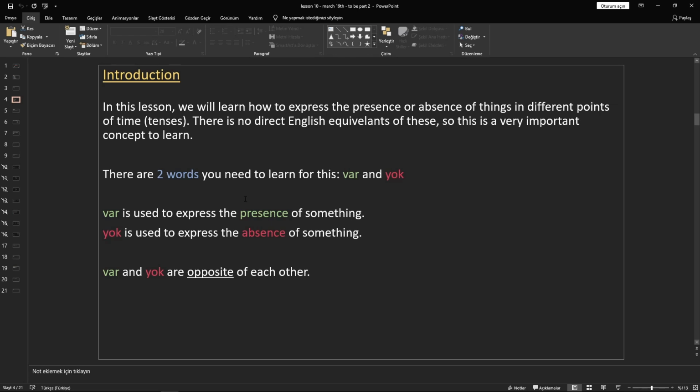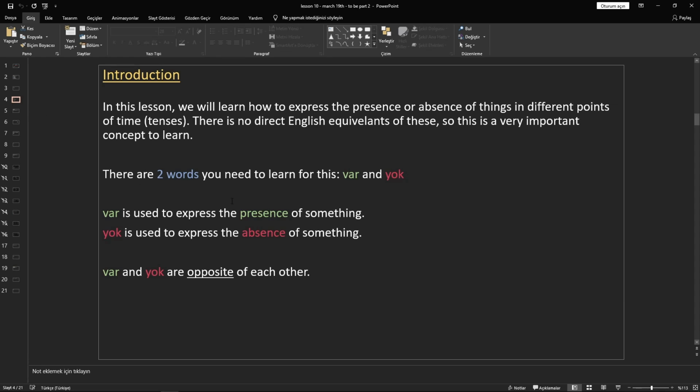You can also tell the difference by their color. Green means positive, red means negative. If something is present, it's var. And if something is absent, if it doesn't exist, you can say yok.